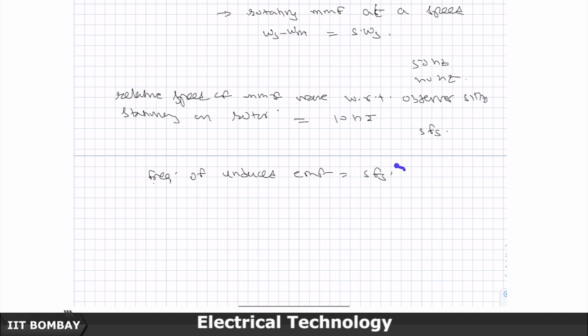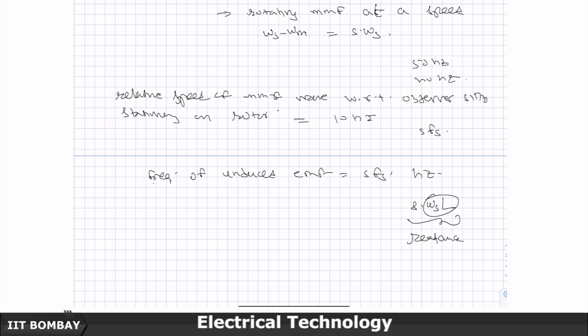And the induced EMF that will be generated in the rotor winding will have a frequency of this many hertz, and this will flow through the resistance of that coil. If at 50 hertz the reactance of a phase coil is L, then at a frequency of s f s, slip times the synchronous frequency, the reactance of the coil will turn out to be this much.